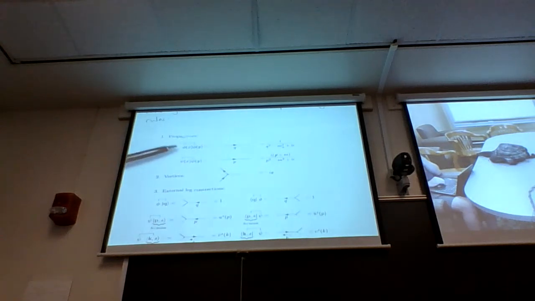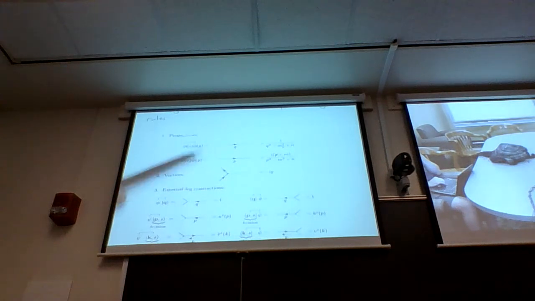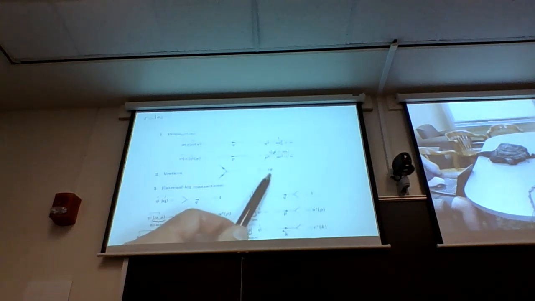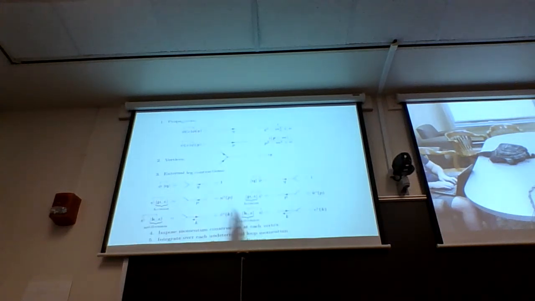Okay? So you can see the propagator is what we're used to for both cases. Here's our vertex factor. This is minus i g. Okay, and then the external legs. For scalars, you just have one, right? But for the fermions, we've seen that you have factors of u and u-bar.